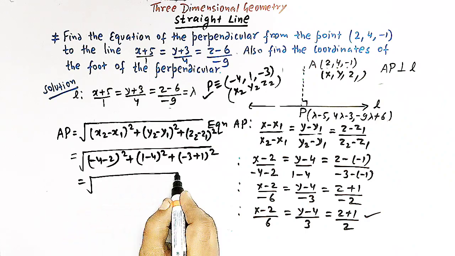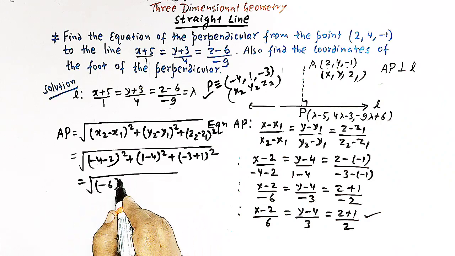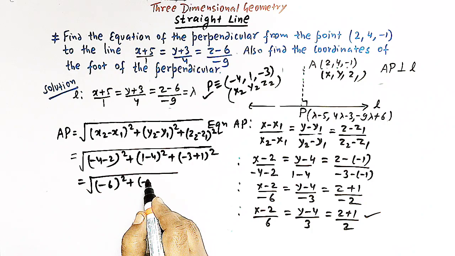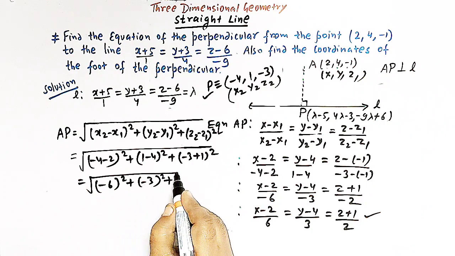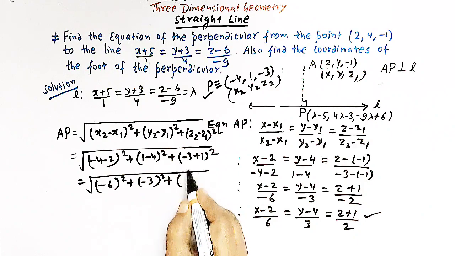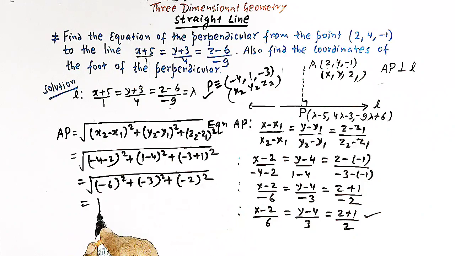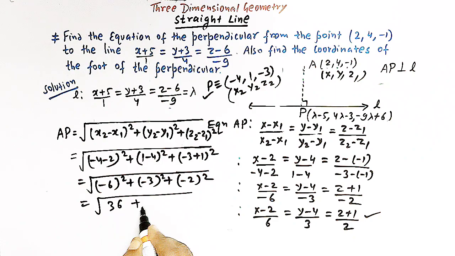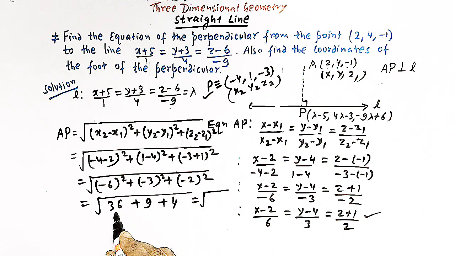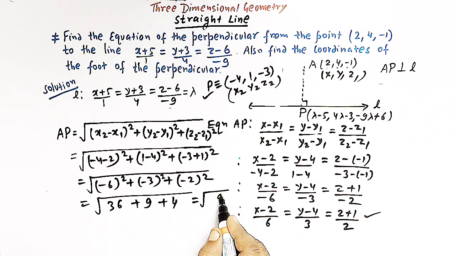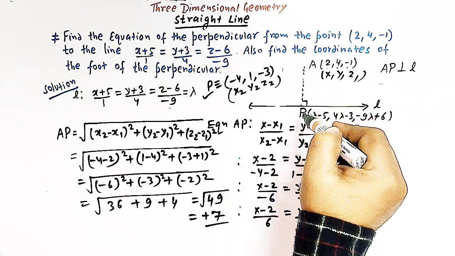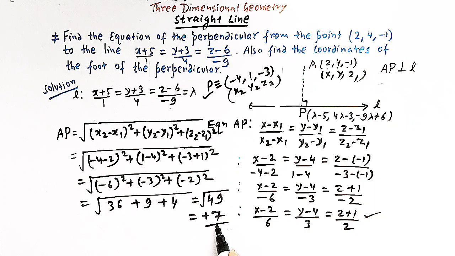So this is square root of minus 6 square, this is square of minus 3, and then we have minus 2 square. So this is 36, this is 9, and this is 4, right? So we have now square root of 36 plus 9 is 45, plus 4 is 49. So this is positive 7, right? So the length of the perpendicular AP is given by 7 units.